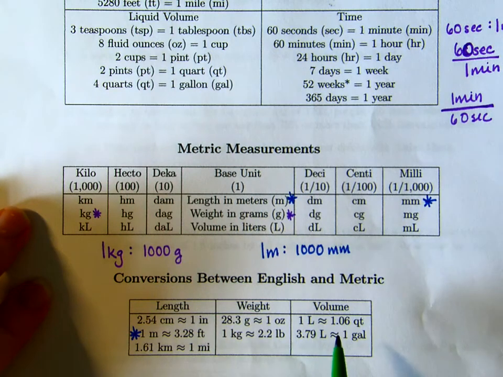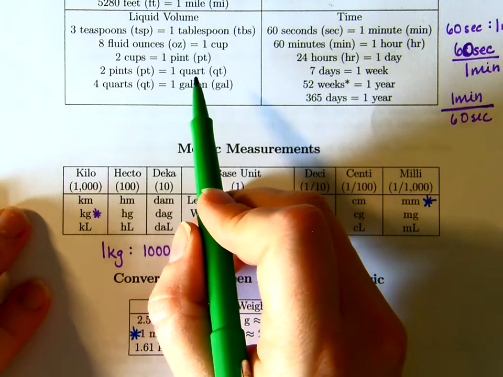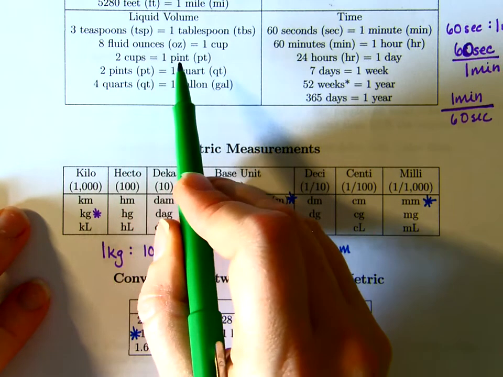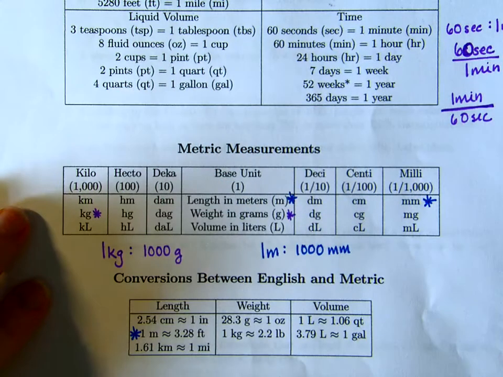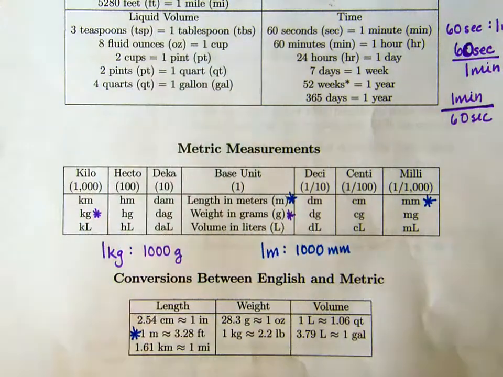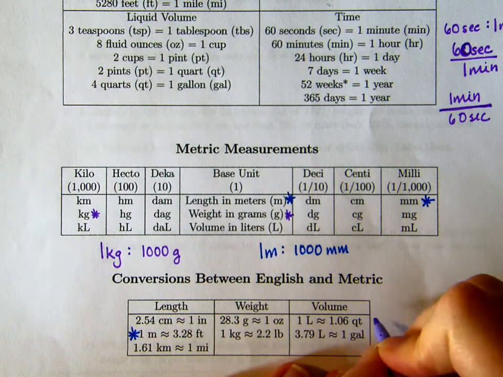We could go from liters into quarts, and then quarts into pints, and then pints into cups. I'm going to use a diamond.